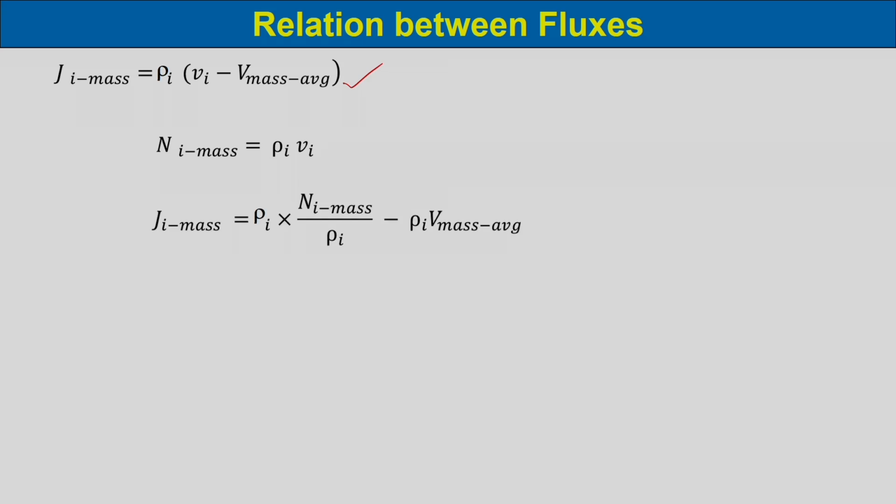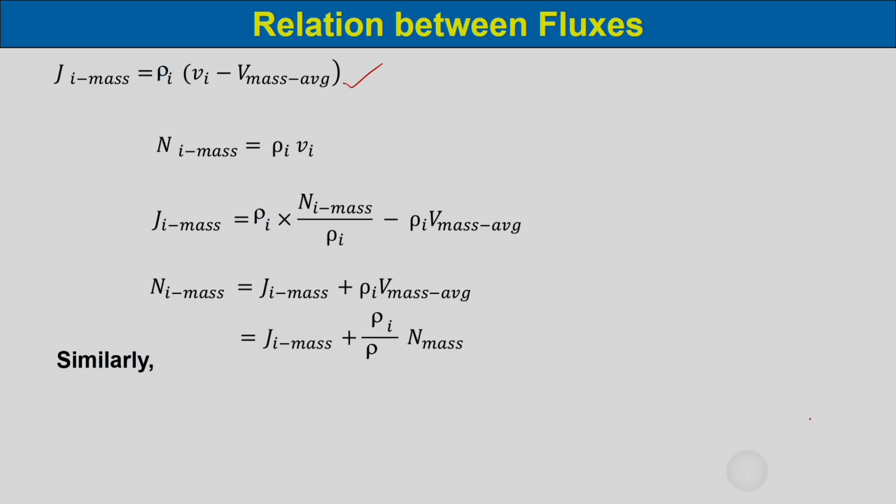So, if we substitute, it would be N_i mass minus rho_i v mass average. If we rearrange it, we can write N_i mass equal to j_i mass plus rho_i v mass average, and then we can write it as j_i mass plus rho_i by rho into N mass.